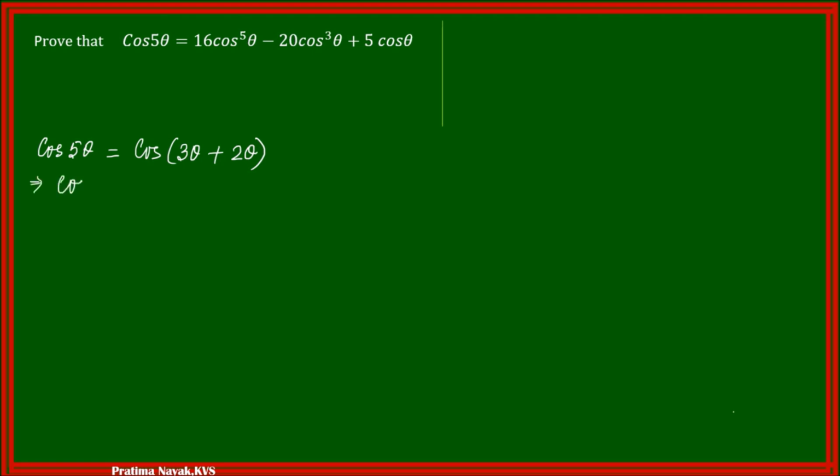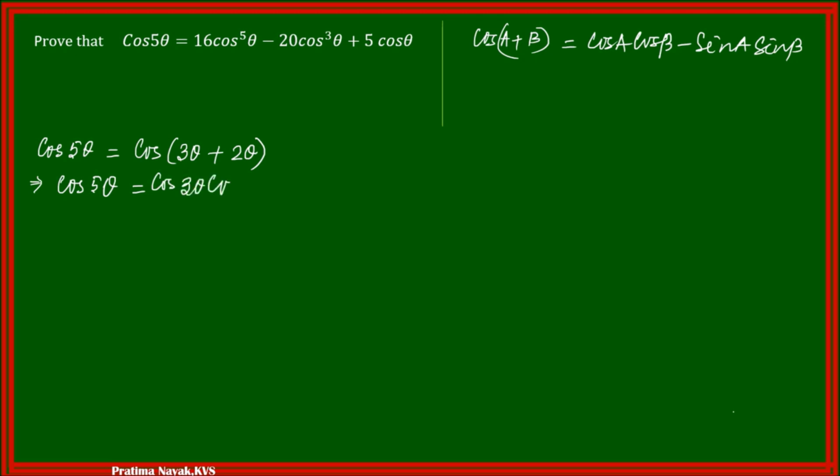I am expanding with the formula, that is, we know that cos A plus B equals cos A cos B minus sin A sin B. So it will be cos 3 theta cos 2 theta minus sin 3 theta sin 2 theta.